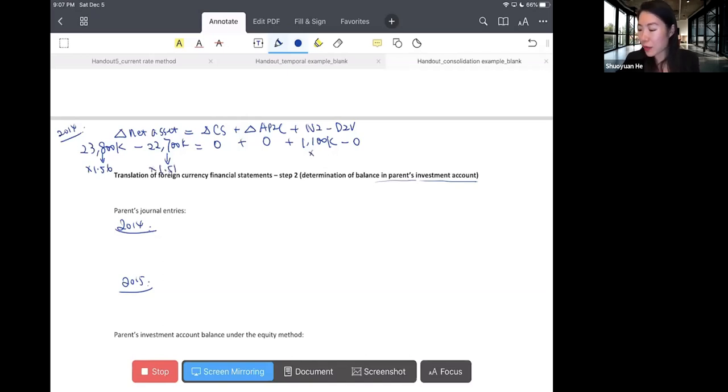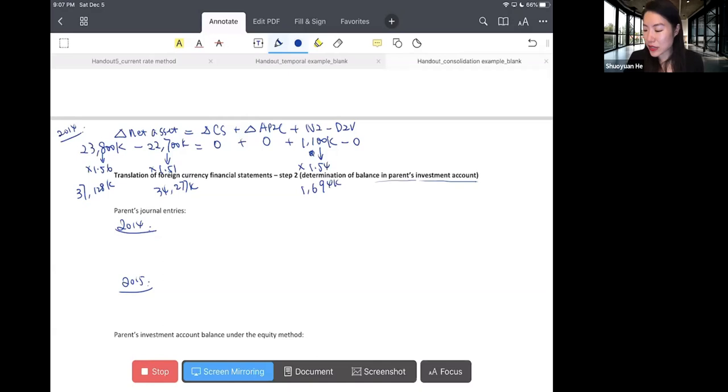And for net income, we need to apply the average rate during the year 2014, which is 1.54. As you can calculate here, this gives us 37,128,000, and this gives us 34,277,000.